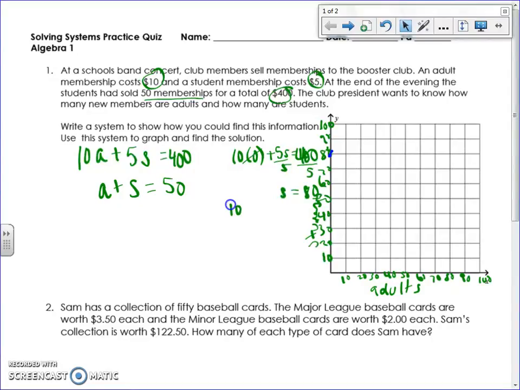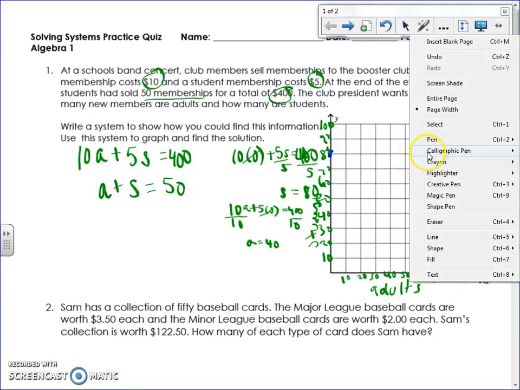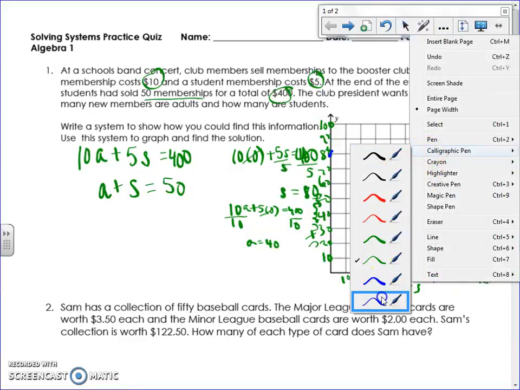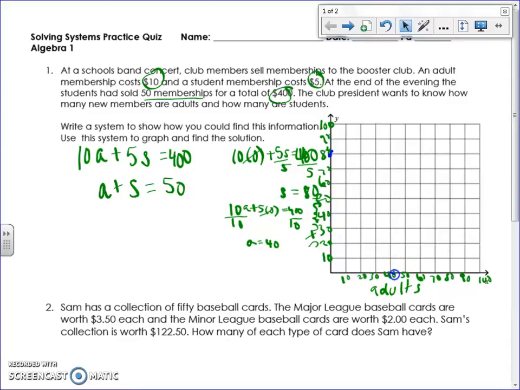So I have 10A plus 5 times 0 equals 400. So I'm going to divide both sides by 10, and I would have my adults are at 40 when my students are at 0. So on my graph, I would be at 0, 40.